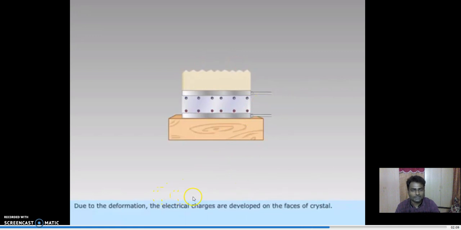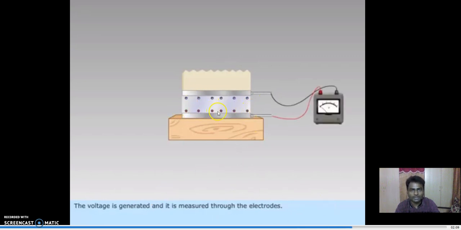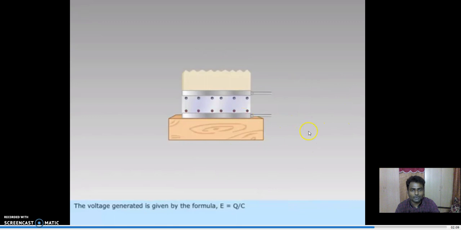Due to this deformation, electrical charges are developed on the faces of the crystal. This voltage generated is measured through these electrodes with the help of some meter. The generated voltage has the formula: output voltage equals Q divided by C. We'll see the explanation of this formula very soon.